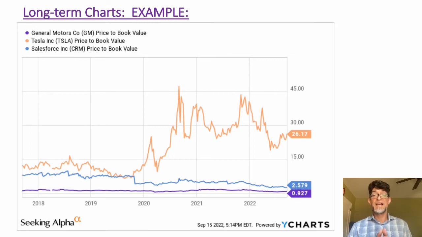Salesforce has been influenced by acquisitions. And General Motors, I think, is probably a good one to look at. Even though they had a bankruptcy back during the financial crisis, this is probably a good one because it's been pretty steady. And to me, the General Motors price to book value being below 1 shows that it's undervalued.